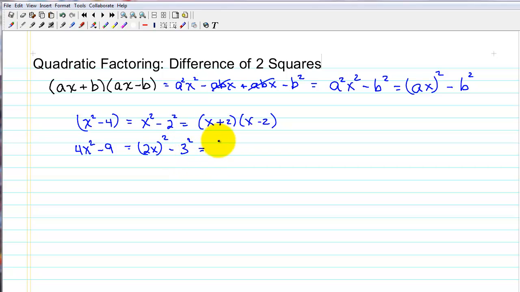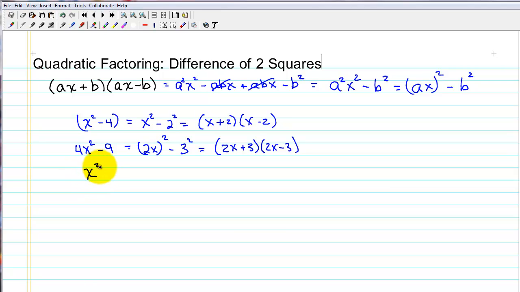So that's going to factor into 2x plus 3 and 2x minus 3. So you can see we're taking the square root of our first term and the square root of the second term, and putting those two square roots into factors, one that's plus and one that's minus. So we'll always have one plus and one minus.